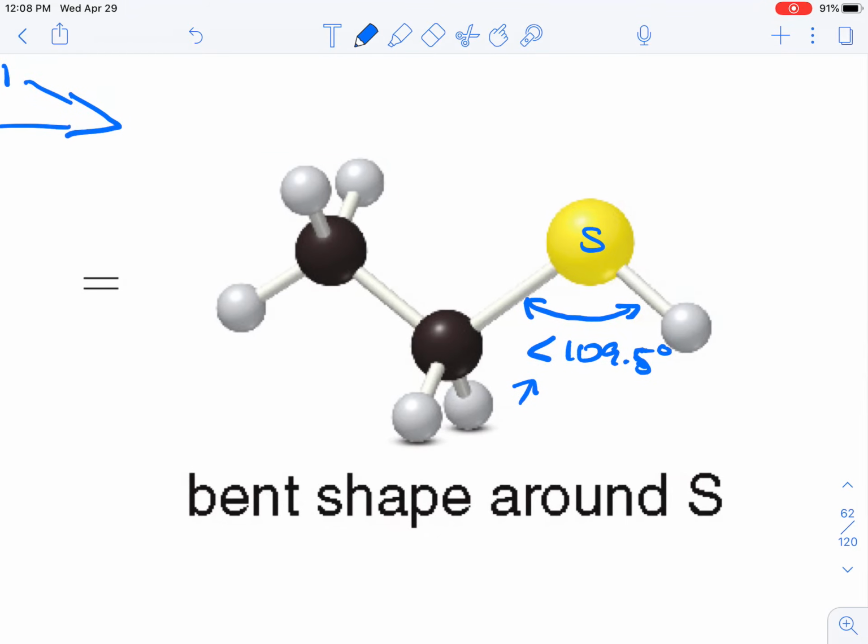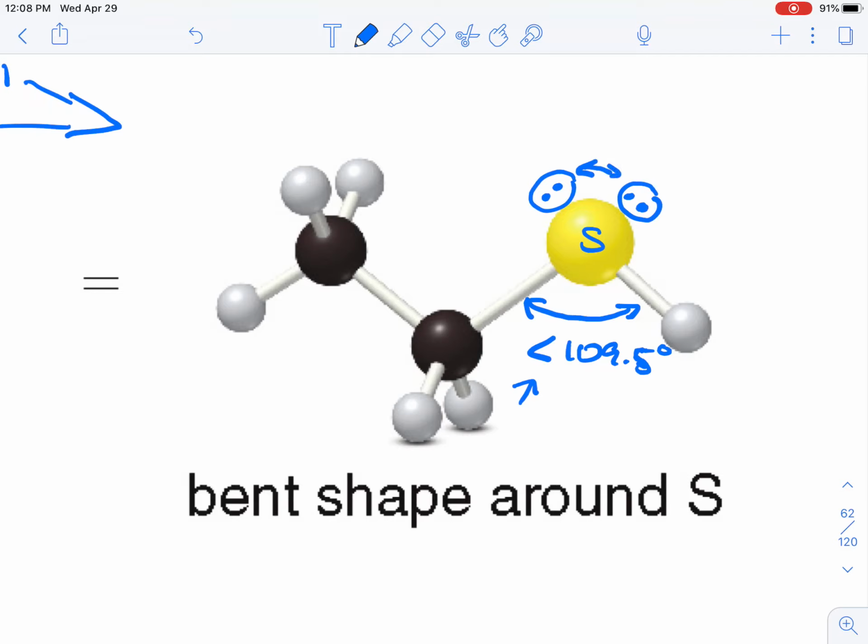Also, if you draw in the lone pairs that are surrounding this sulfur atom, these electrons are going to repel each other.